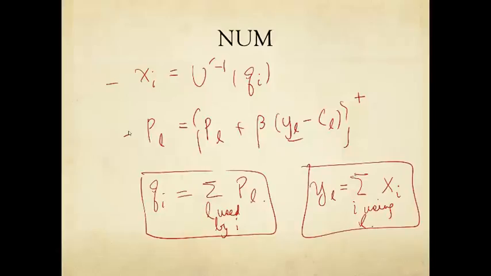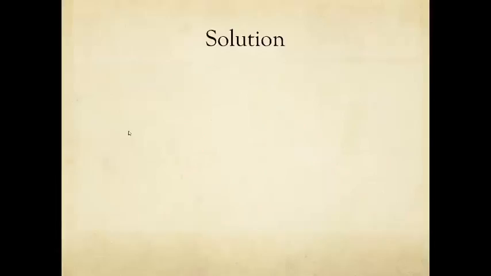All right, so let's write this out. Let's say we initialize the P's. That's P1 equals P2 equals P3 equals P4 at initialization time 0, to be, say, 1 unit. The step size beta be 1 unit.